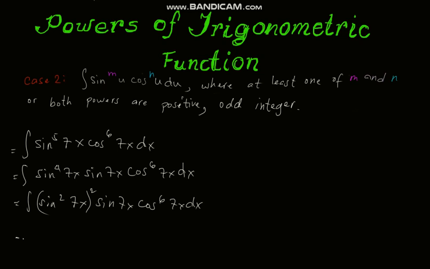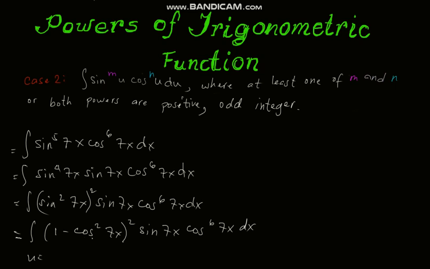So here I will use the Pythagorean identity. This becomes 1 minus cosine squared 7x squared times sine 7x cosine raised to 6 7x dx.